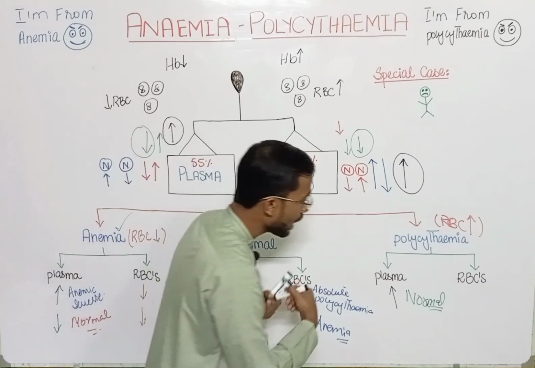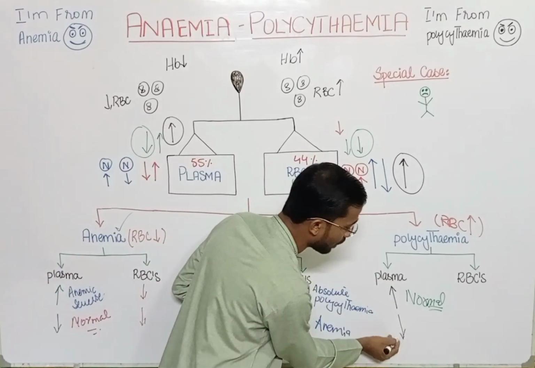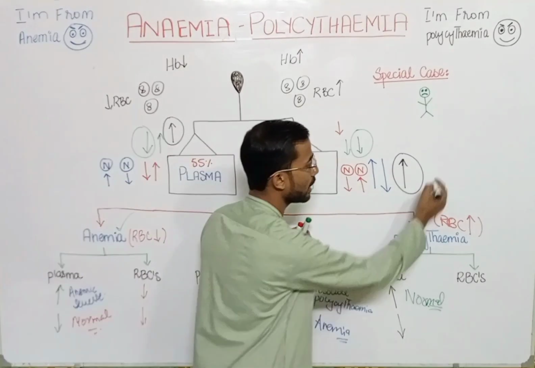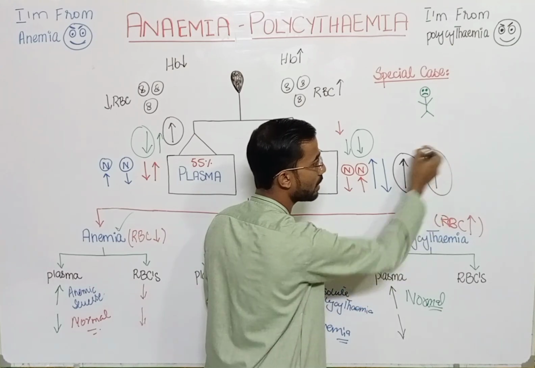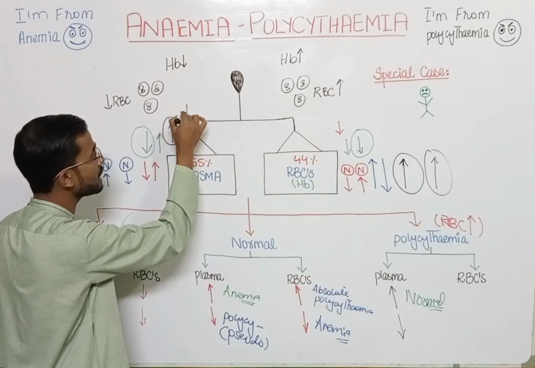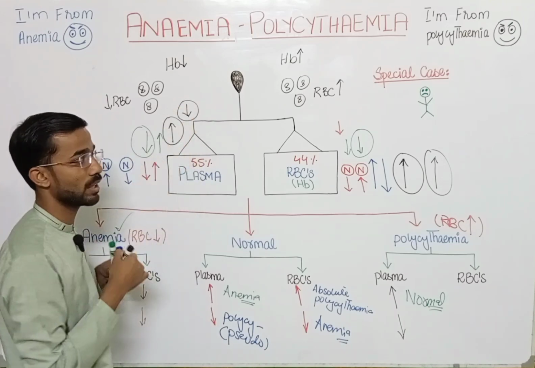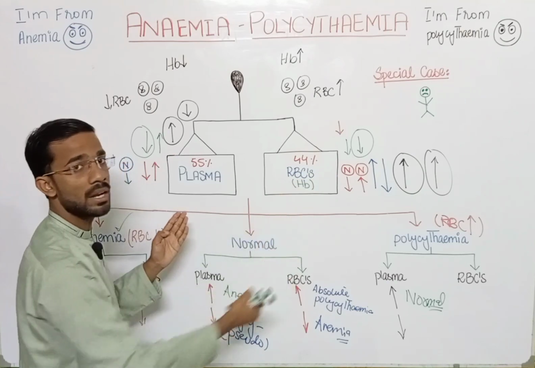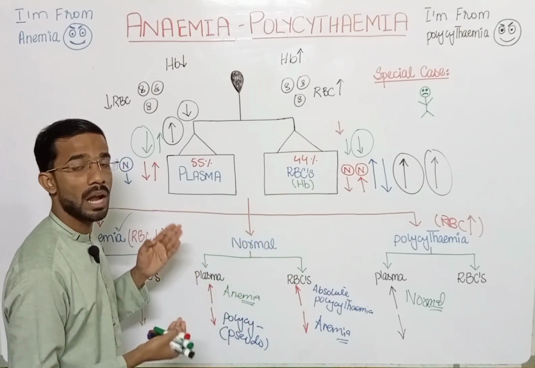Okay, next, if we decrease the amount of the plasma, then what will happen? In polycythemia the RBC number increases, and if we decrease the plasma, the difference between the RBCs and the plasma will be large.